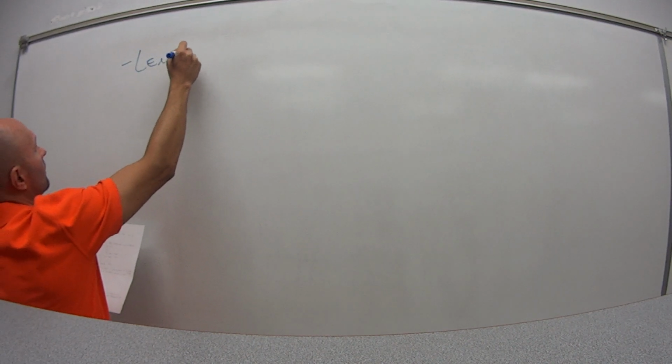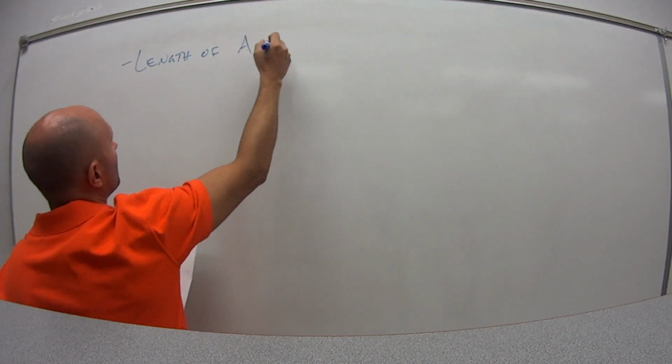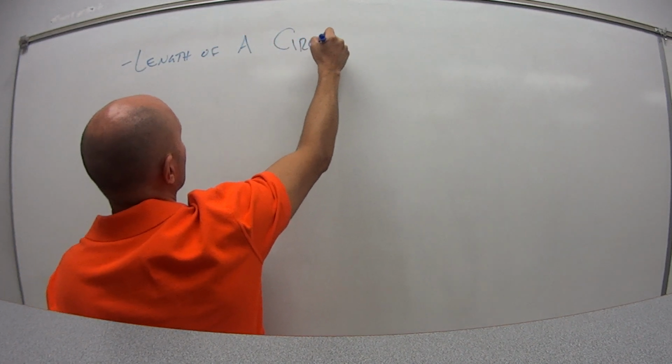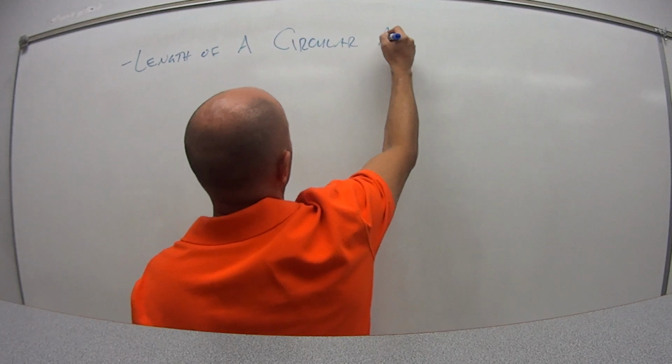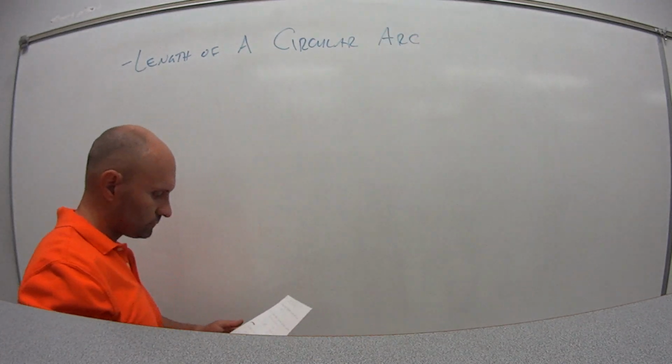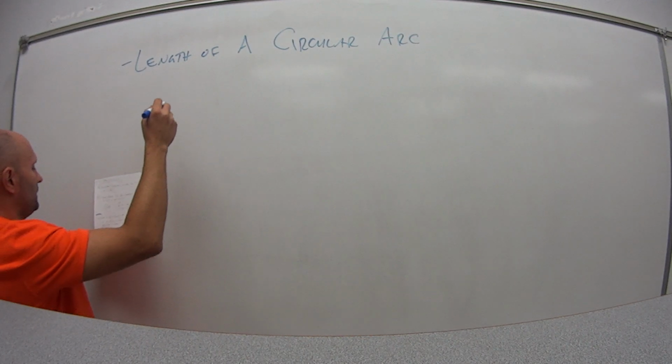So first, we want to talk about the length of a circular arc. We have the following definition.